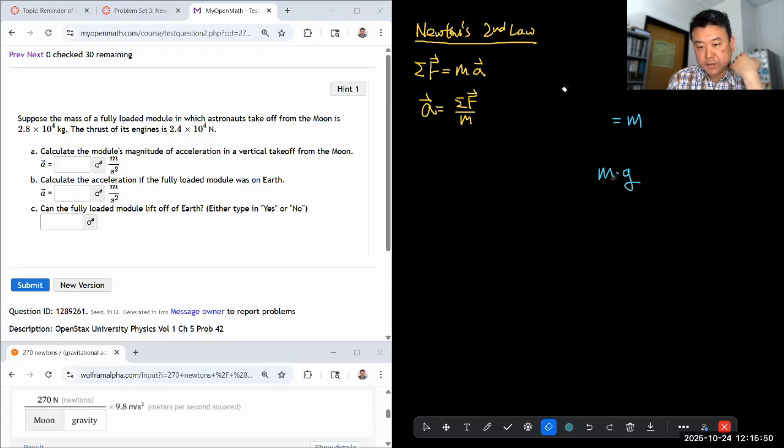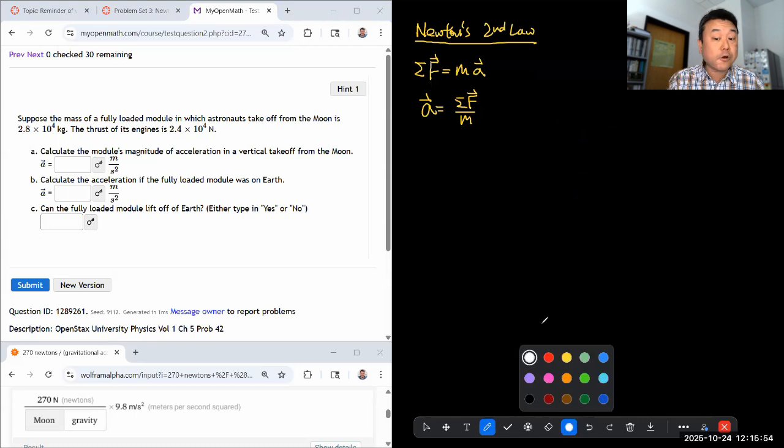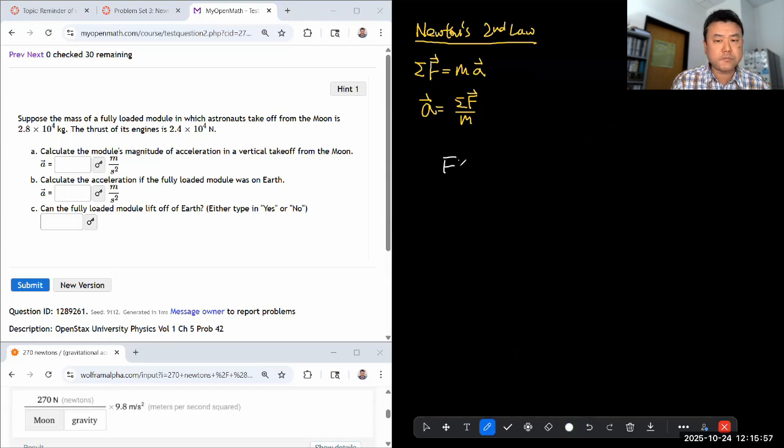Whenever you are dealing with a situation involving forces, I recommend drawing a free body diagram, just to make sure you have a correct mental image of the situation. So for this fully loaded module, what they've given us is the thrust force.